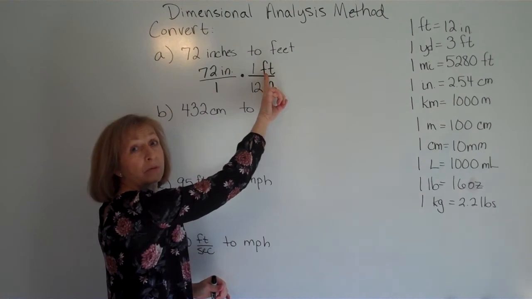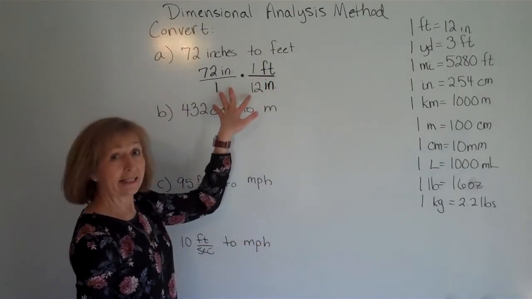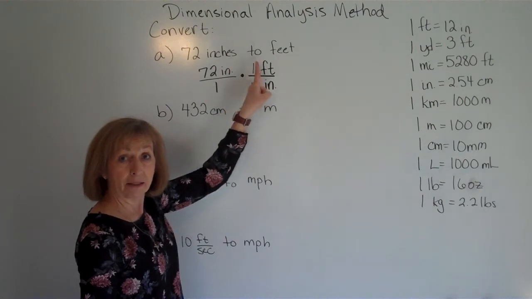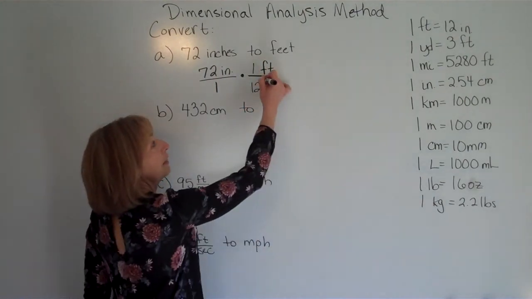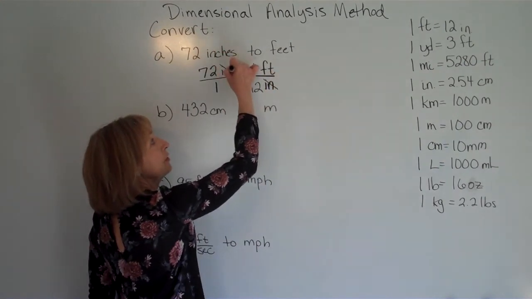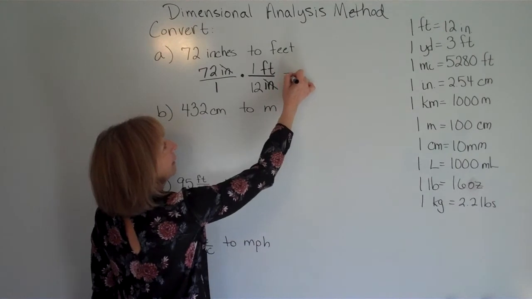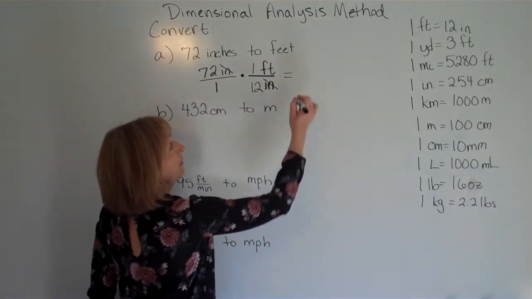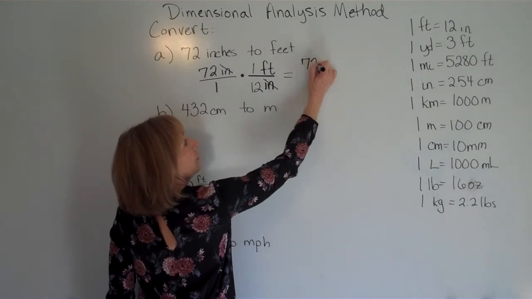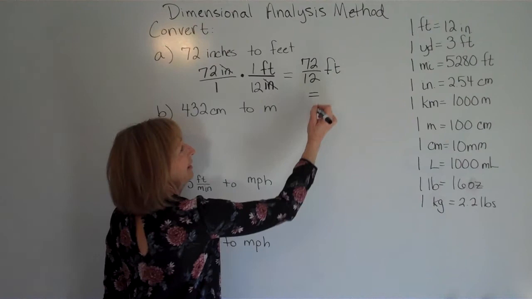This is just a number divided by itself, and the denominator isn't 0, so it has a value of 1, and I'm not changing what I have. The common units of inches in the denominator and numerator cancel. Multiplying across the top and across the bottom gives 72 over 12 feet. Divide that out, and you get 6 feet.